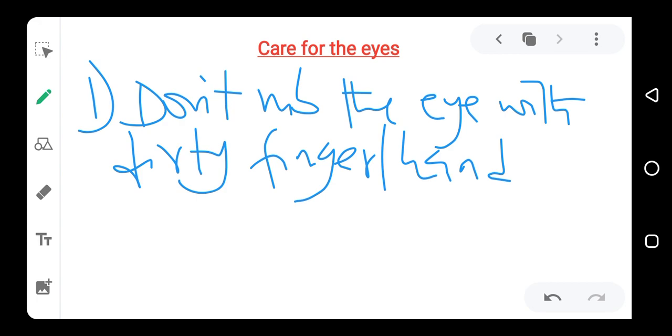Now another way we can care for our eye is to make sure that if we are reading, there is adequate light.